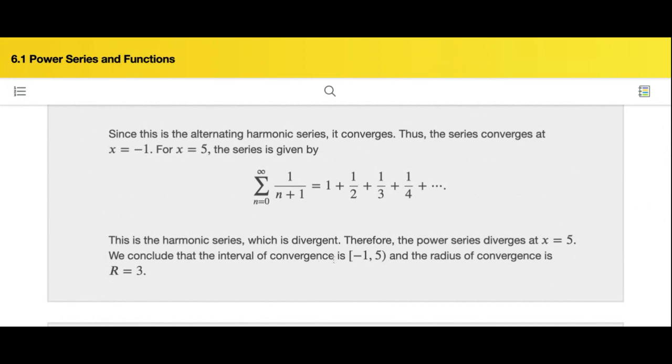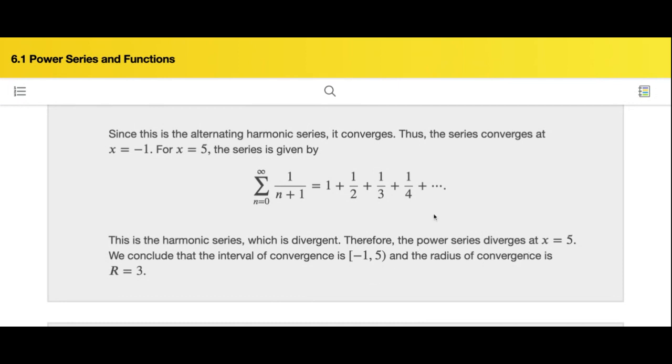So we conclude the interval of convergence is bracket negative 1, because it does converge at negative 1, so we include negative 1 by using a bracket. Then comma 5. At 5 it diverges, so we don't include 5 and we use a close parenthesis.